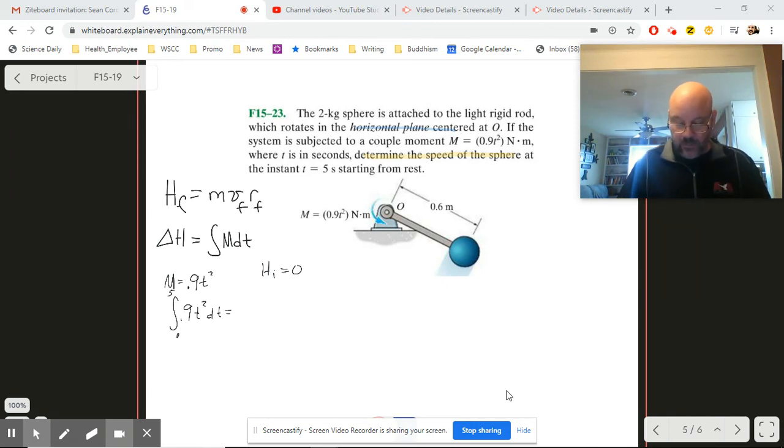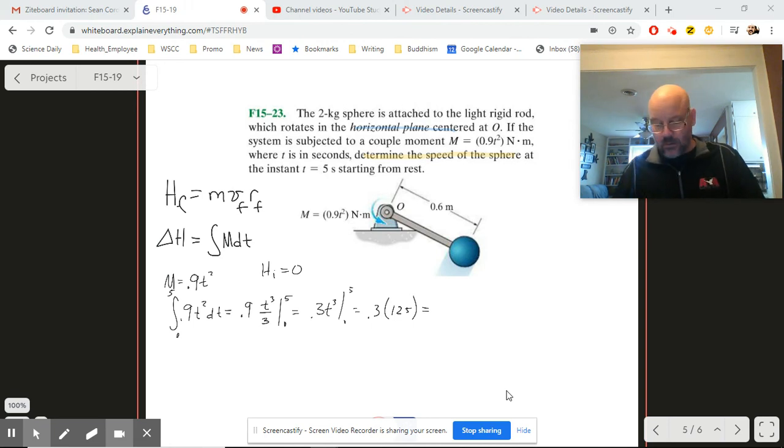If we work out our integral here, we've got 0.9, and we're going to have t cubed over 3 from 0 to 5. So that's 0.3 t cubed, 0 to 5. 5 cubed is 125, 5 times 5 times 5. So we've got 0.3 times 125, which becomes 37.5 or something like that.